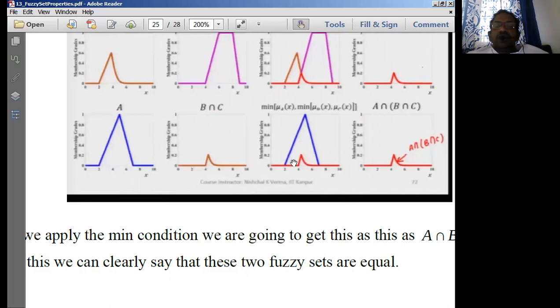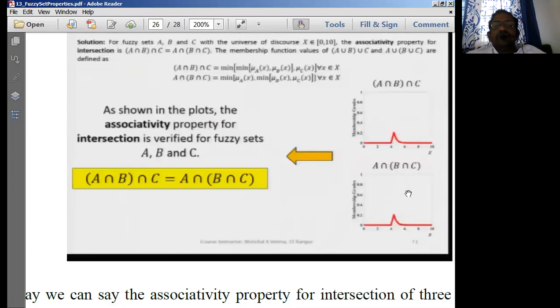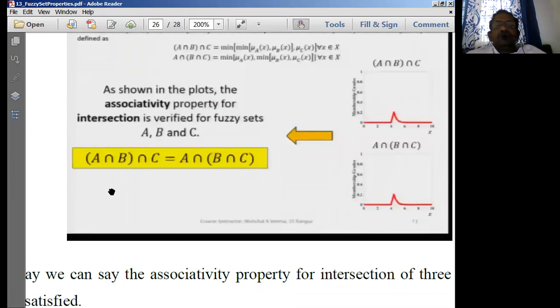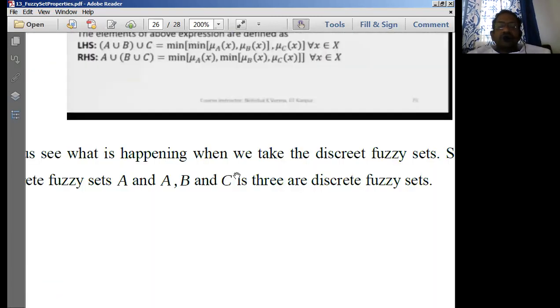So once again, whichever is minimum among these two, this is larger value. So only this graph we're going to get. That means these two are going to be same. Since these two are same, we simply say that A intersection B intersection C is equal to A intersection, B intersection C. So it simply says that it satisfies the property of associativity for intersection.